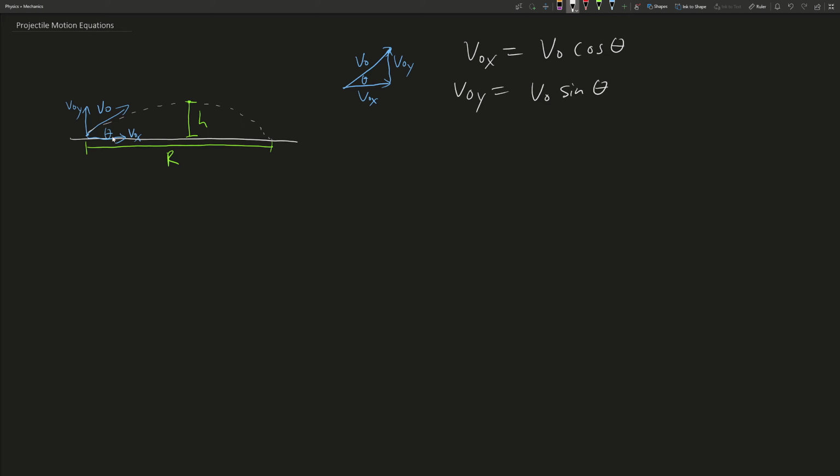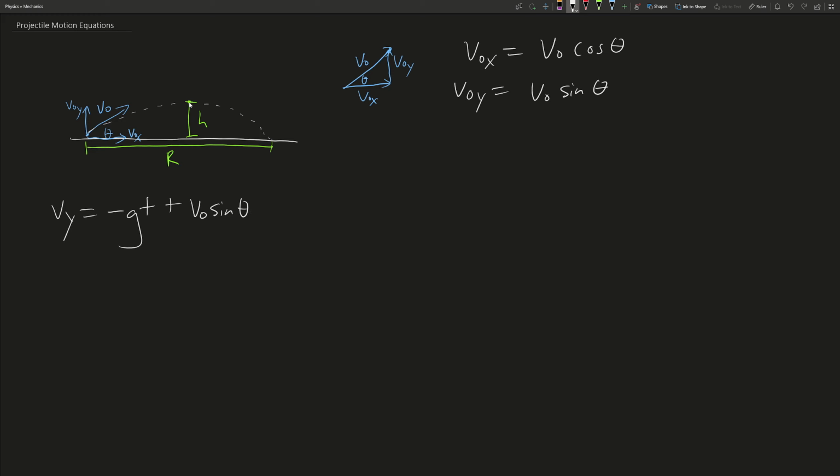The time of flight for a projectile solely depends on its motion in the y direction because gravity acts solely in the y direction. So the velocity in the y direction is equal to negative g, which is the acceleration, since gravity acts downwards, times time plus v0y, or as we have found up here, v0 sine theta.